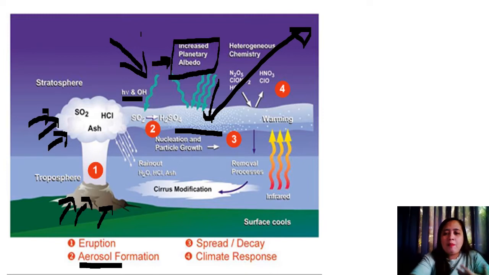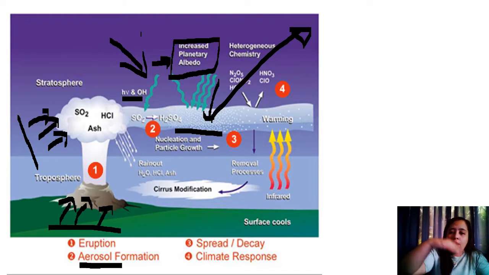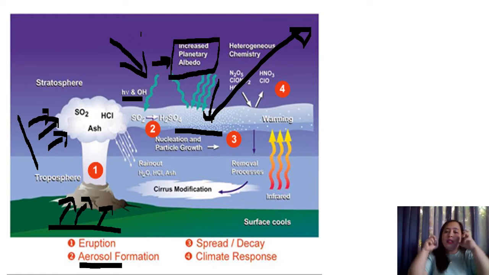Albedo, again, it's a measure of how many photons or how much UV light is being reflected back by something, by an element, or by a molecule present in the area. So the more eruption, the more volcanic outgases you have, the more elements are circulating on the outside of the Earth, and this becomes your aerosol na tinatawag natin.